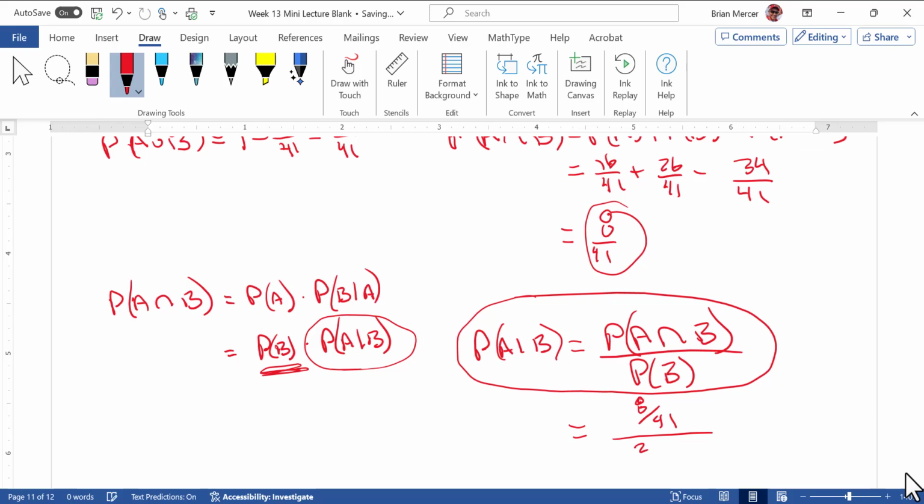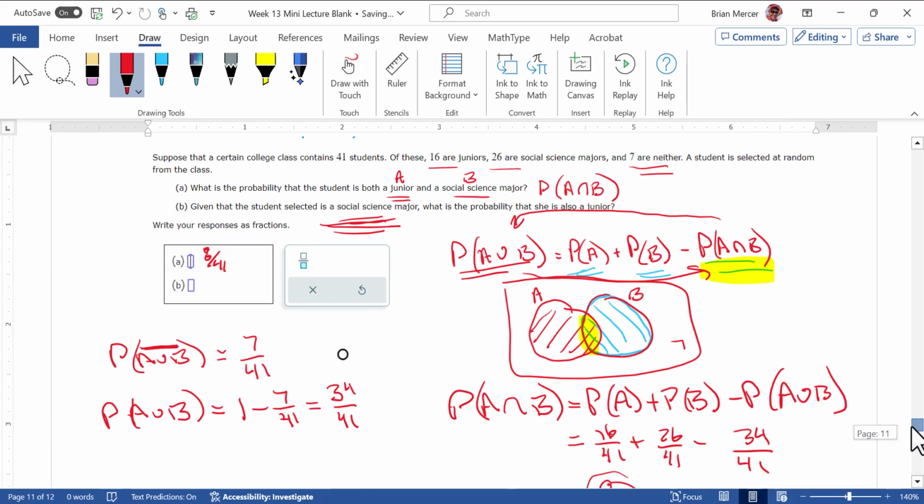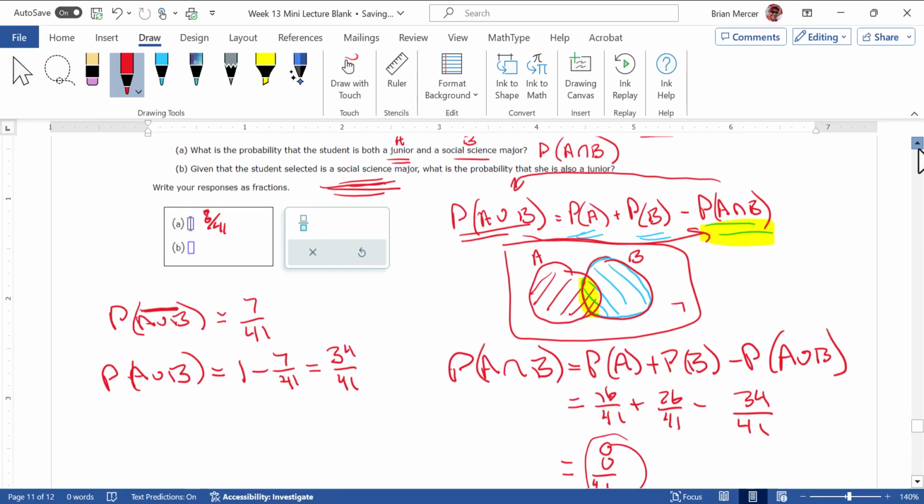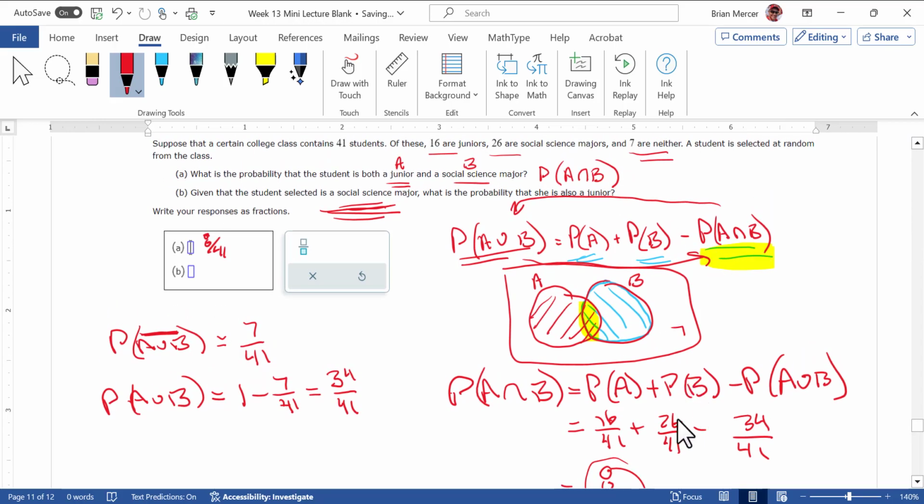And that was 26 out of 41. So given that the social science was the probability of B, which we already had, that was the 26 out of 41.